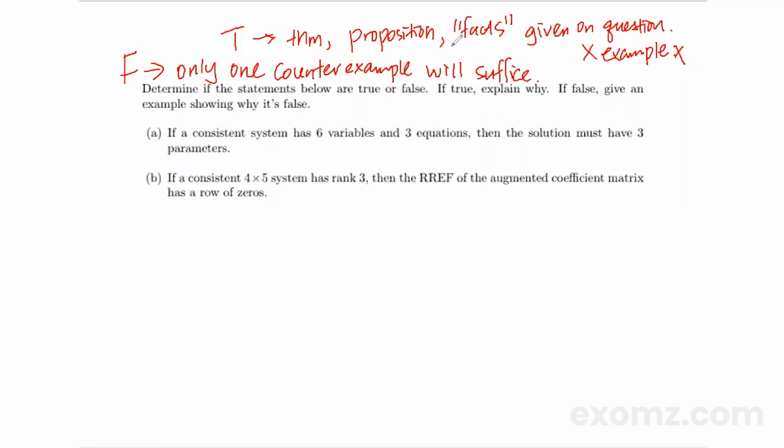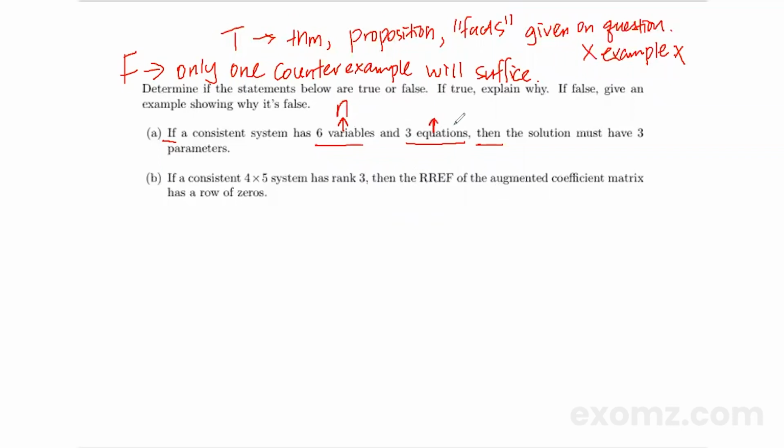All right, so now let's take a look at part A. Part A is an if-then question. If a consistent system has 6 variables and 3 equations, so variables, we can identify them as unknowns, or in the letter, we can say this is n.